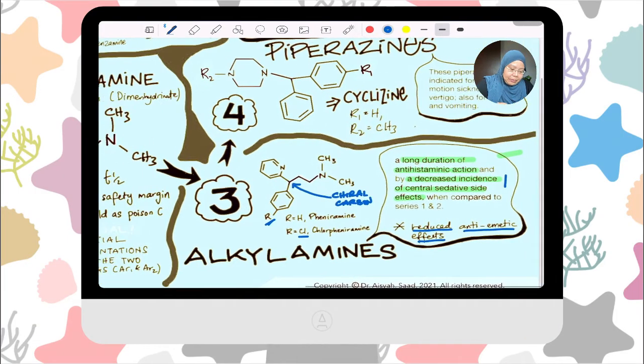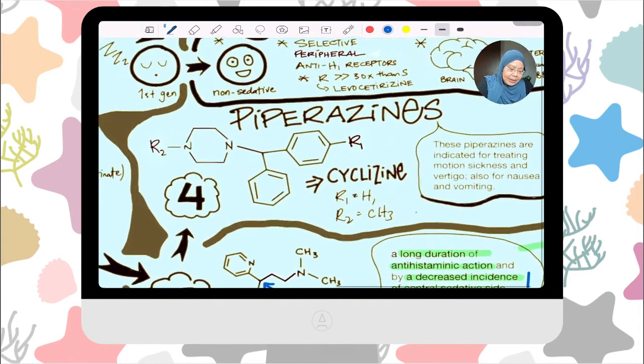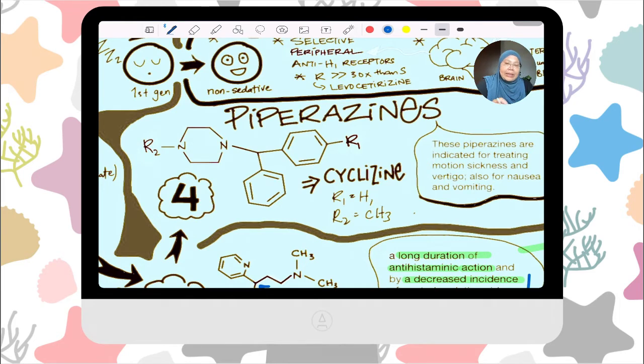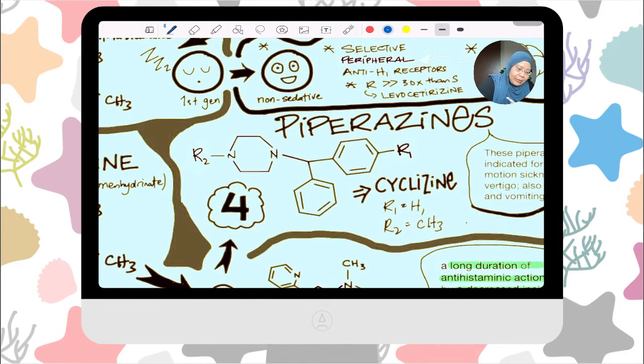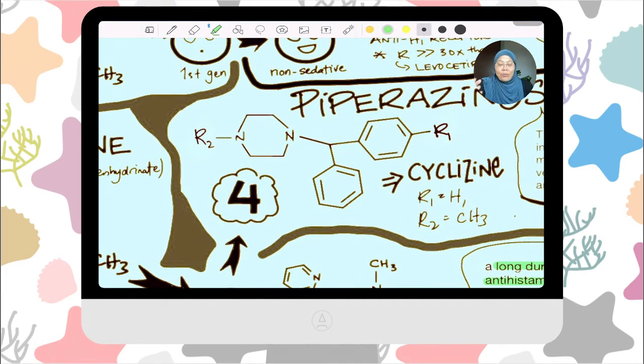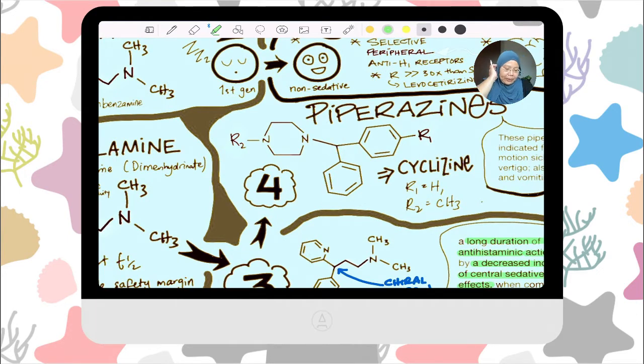Now we're going on to the fourth family, the piperazine. The piperazine is slightly different. This is where a big change occurs, so please pay attention. I'm going to use a highlighter to show you what's the same and what's different.